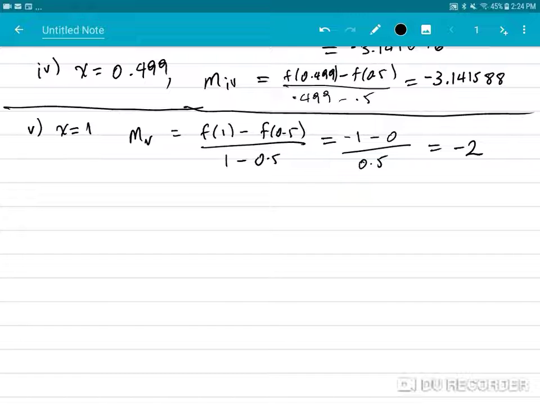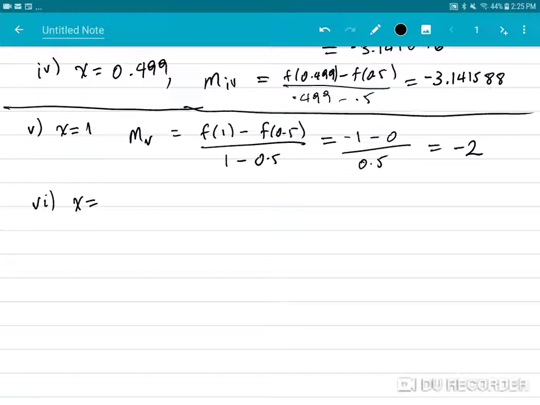Let me check my calculation. At 1, I get negative 2. That's good.